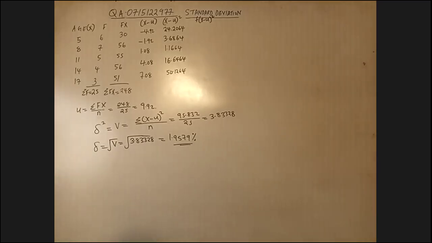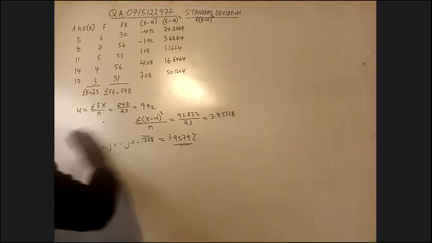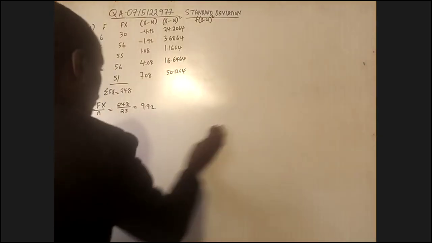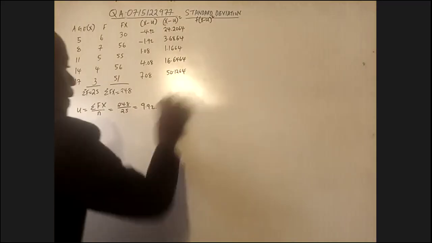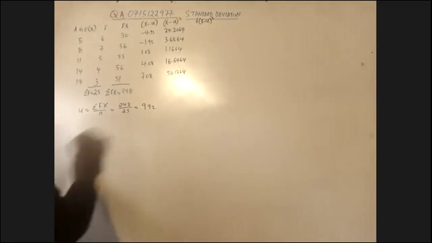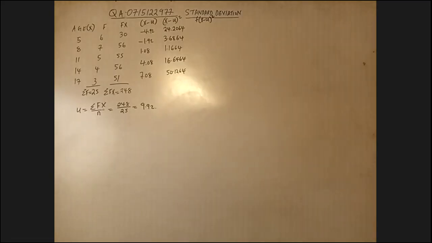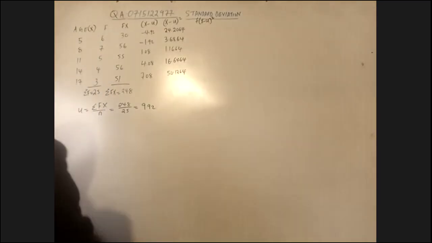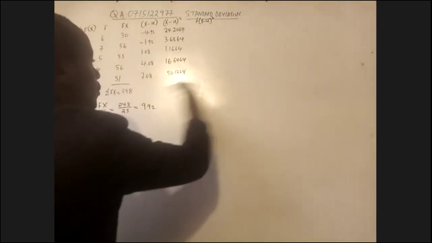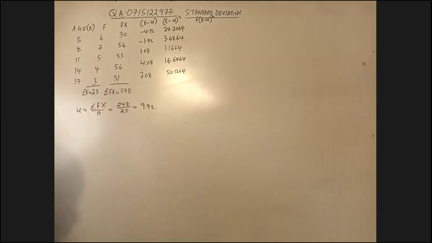This one is already wrong. That's a wrong answer. Remove it. Make an f. Now that's why it's important to write the formula down. Once you write the formula down, you will remember. I wrote the formula wrongly. So we need to include frequency.